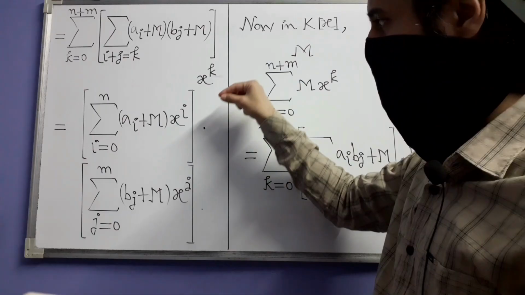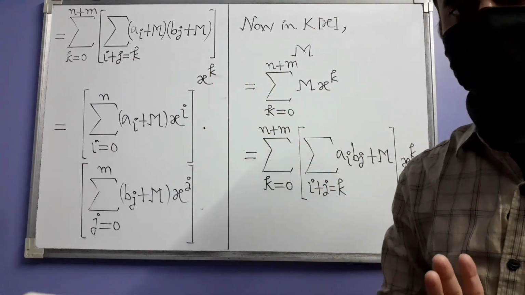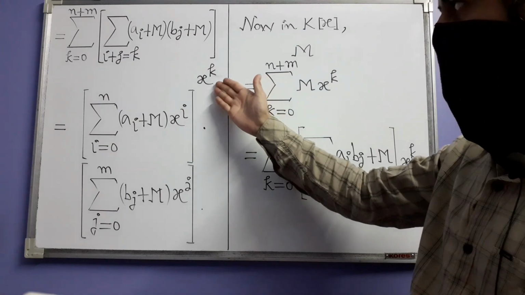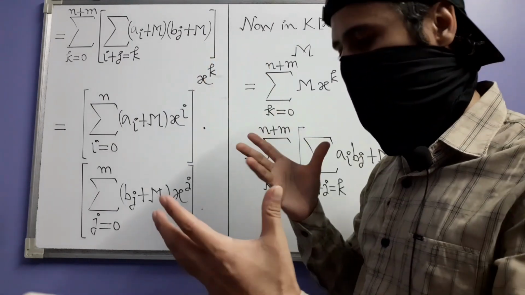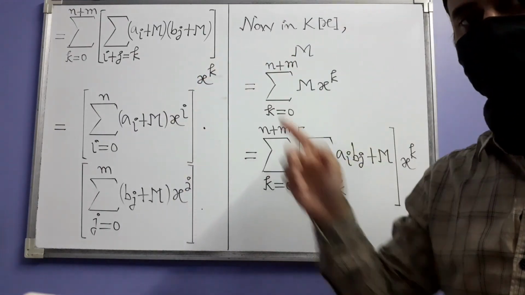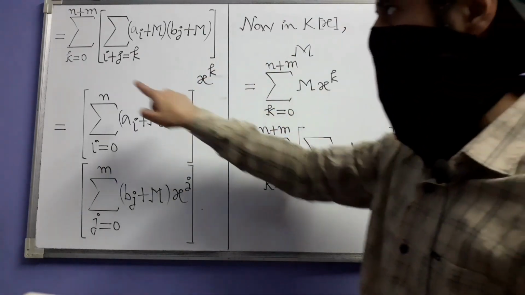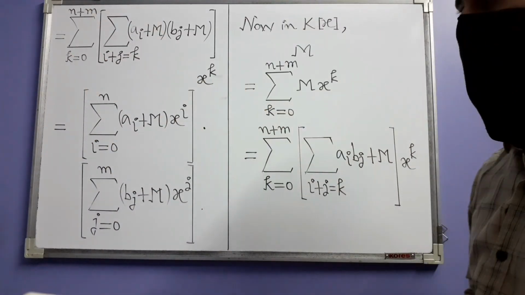That is why for a given k, we consider those i and j such that i plus j is equal to k, and then you write x to the power k. So after you gather those terms, the coefficients get added, and that's how you get one coefficient for a given k. And as k varies from 0 to n plus m, that's how you get the entire product.